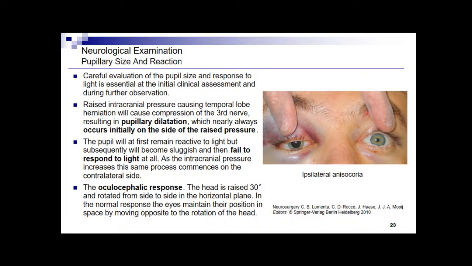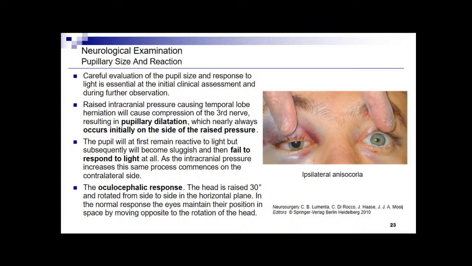And at last, you should check the oculocephalic response. If the patient has no damage of the cervical spine, you can raise his head up to 30 degrees and rotate it from side to side in the horizontal plane.